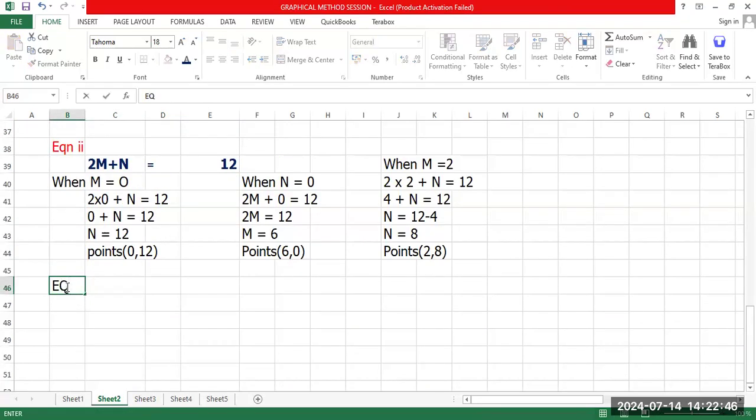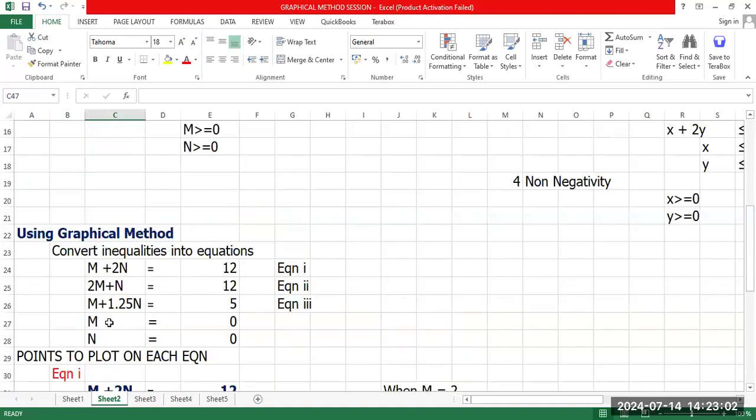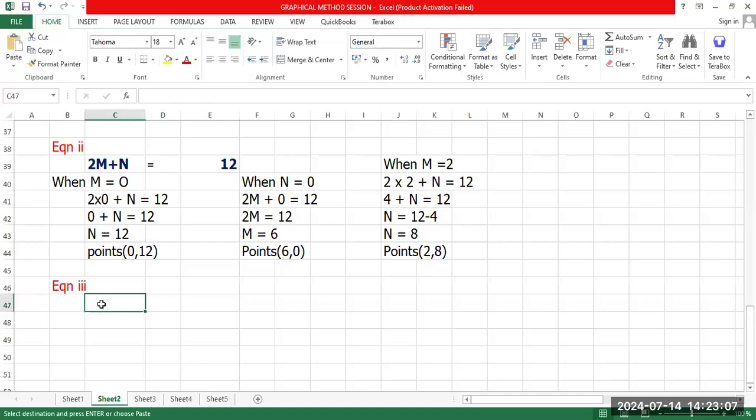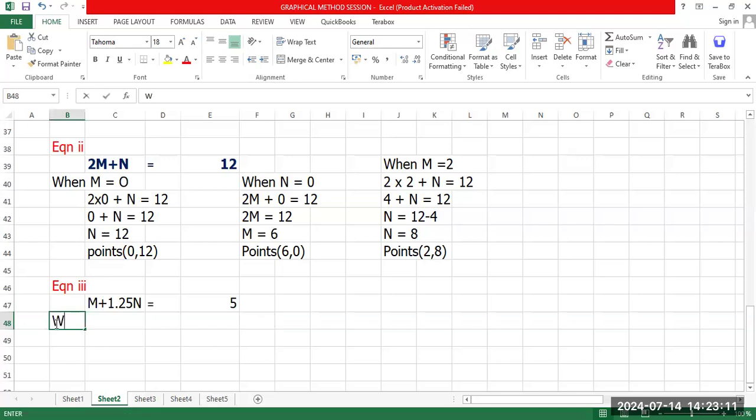Equation 3, this is my equation. And I can say when m is equal to 0, am I too fast or too slow?